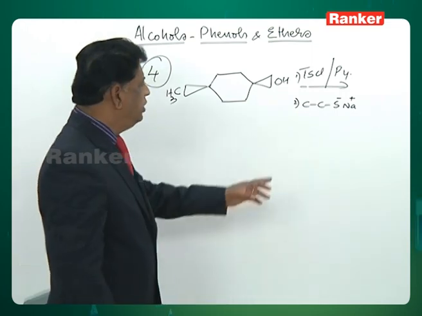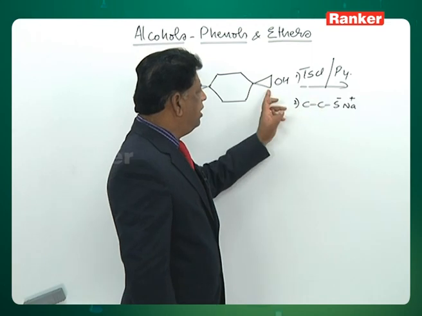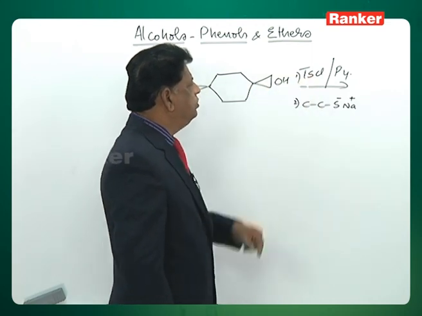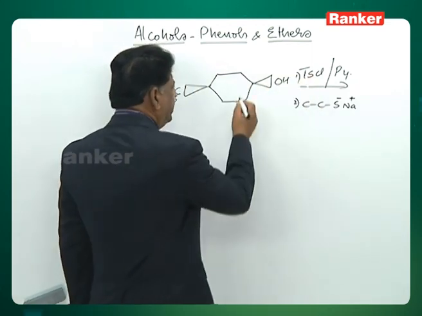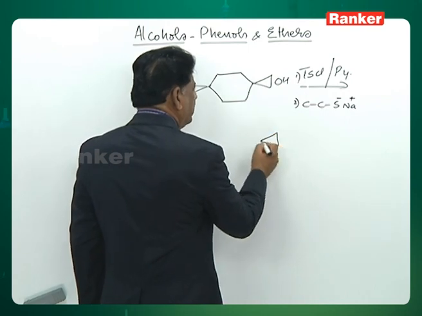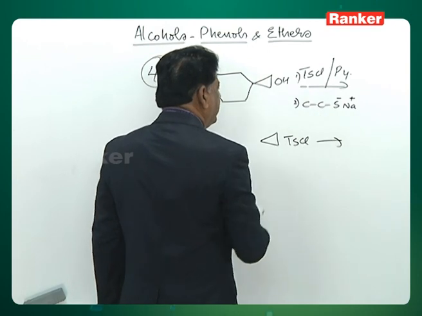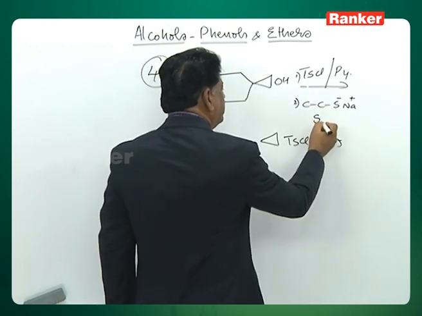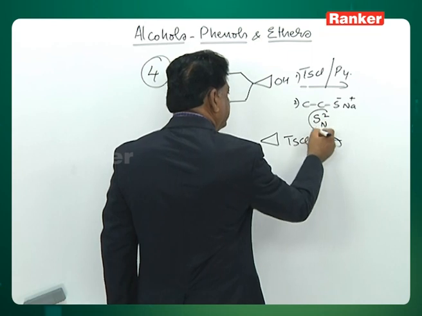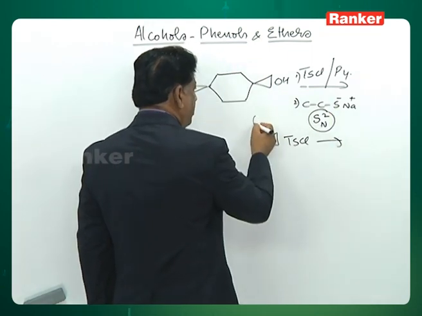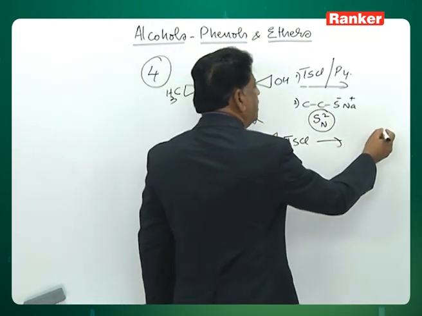This is going to replace the OH. Directly it cannot, but once this group becomes tosyl, so probably this reaction gives the tosylate, and then when it is substituted, the reaction proceeds by an SN2 type of mechanism. That means if a dextro compound is taken, you will get the levo compound.